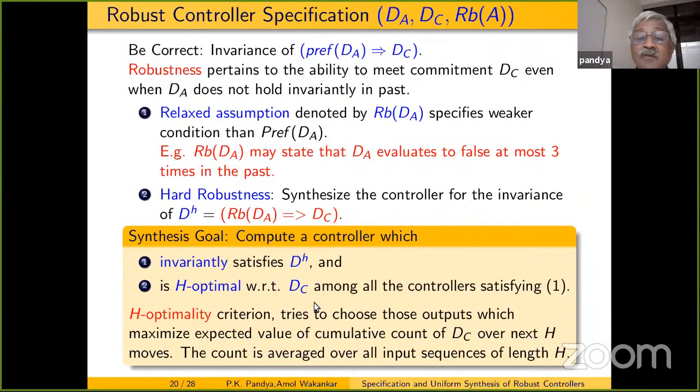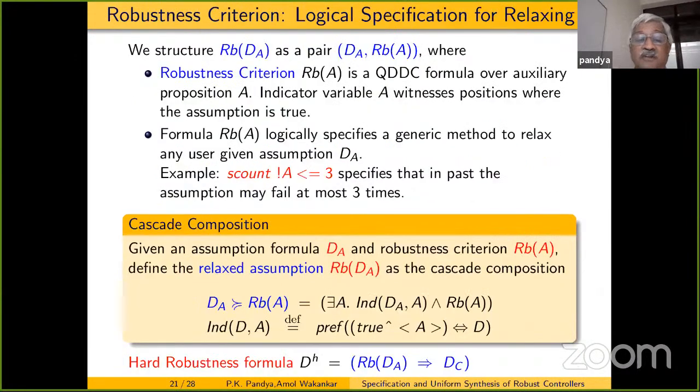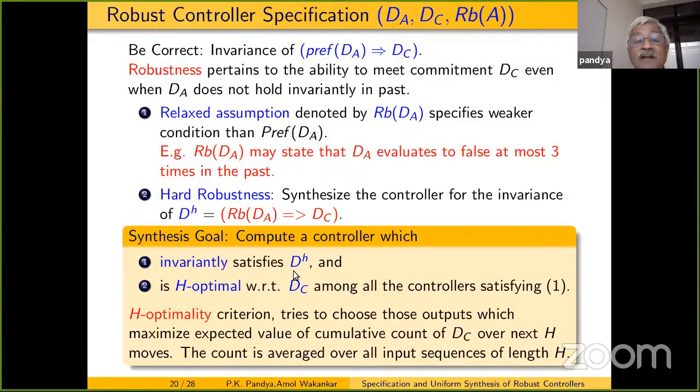Okay, thanks. So soft robustness is something that is added on top of the hard robustness. So we have a kind of multi-objective problem. The hard robustness must be met invariantly, and where the relaxed assumption fails, you should try to optimize the frequency of occurrence of commitment.